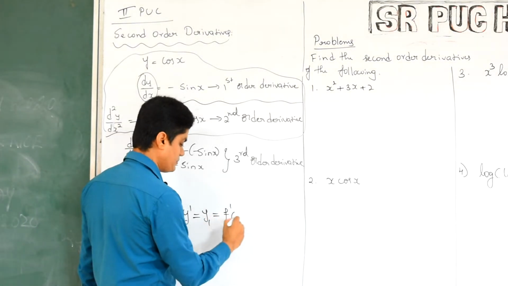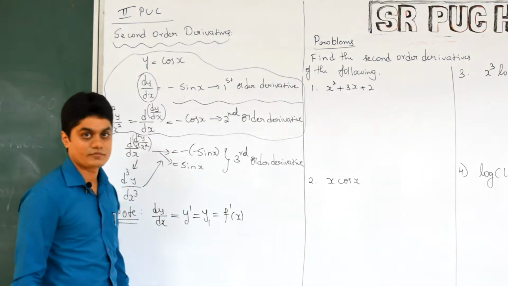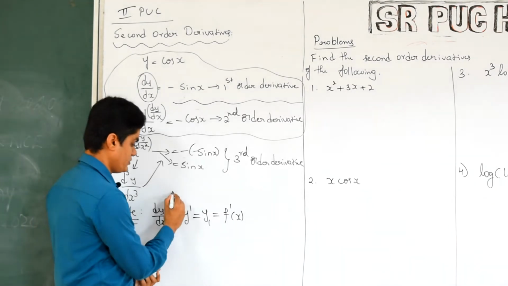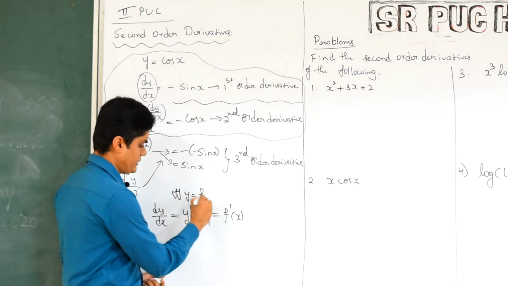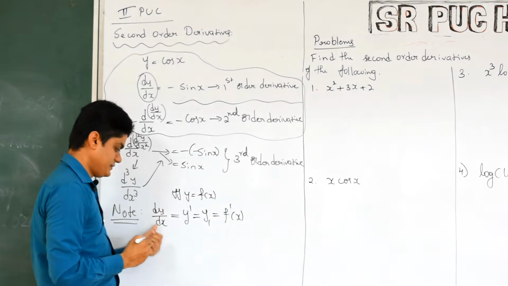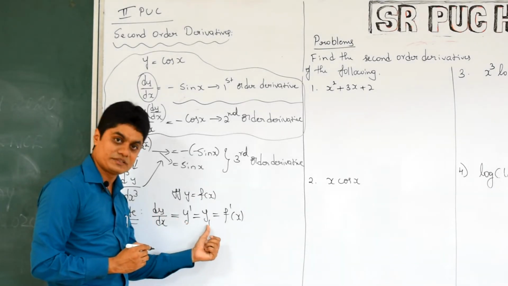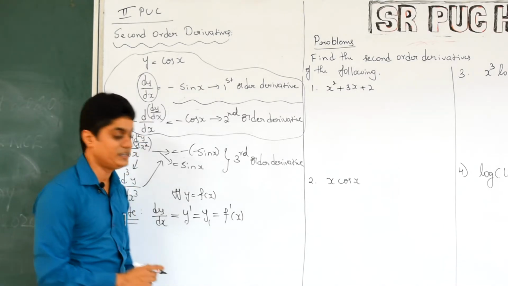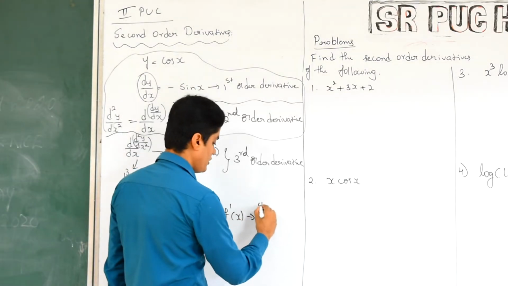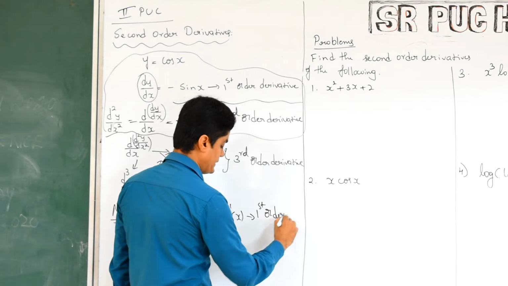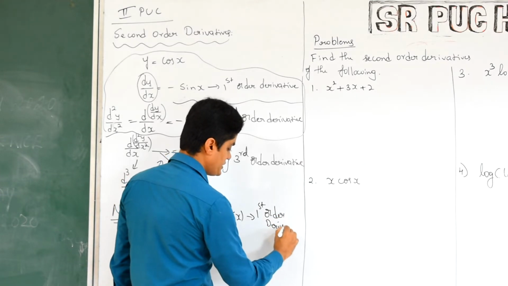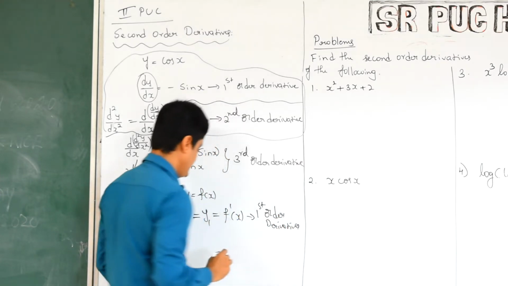You saw this in one problem: f dash of x. If y is equal to f of x, then this is also known as first order derivative. All of these represent first order derivative. The notation changes in problems, so be careful.